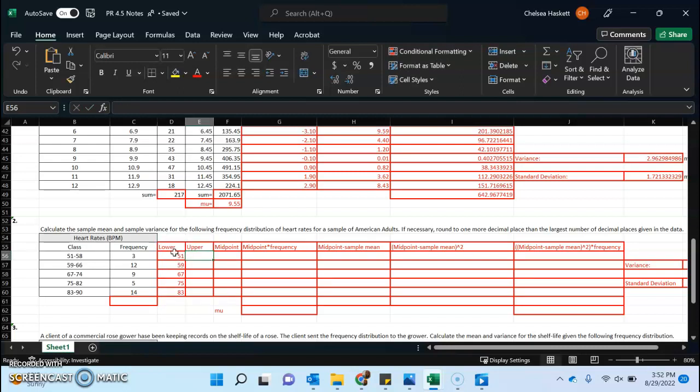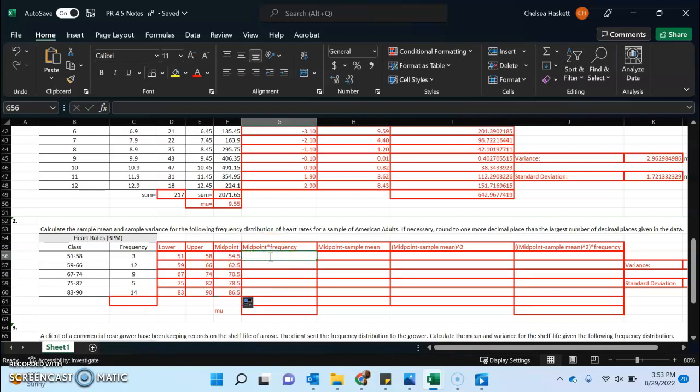Okay, upper is 58, 66, 74, 82, and 90. Okay, so your midpoint, I'm going to do this. And I'm going to put this plus this, right? Divided by 2. Drag it down, just make my life easier.